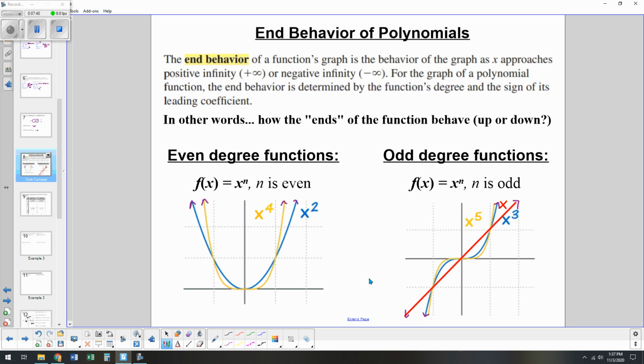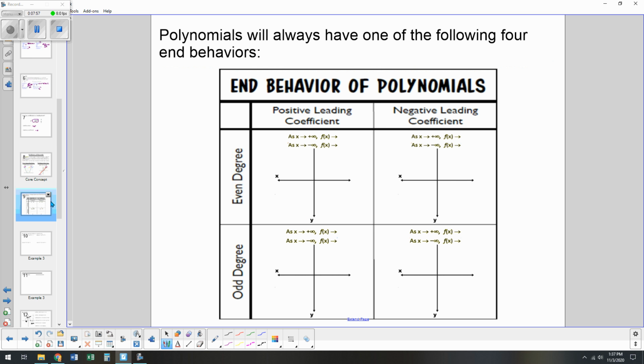So the two things that are going to determine the end behavior are whether the power is even or odd, and the leading coefficient, whether that's positive or negative. So end behavior for polynomials is always going to fall into one of these four categories.